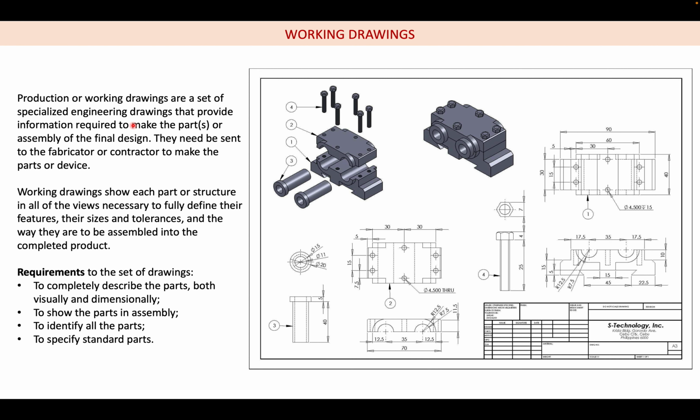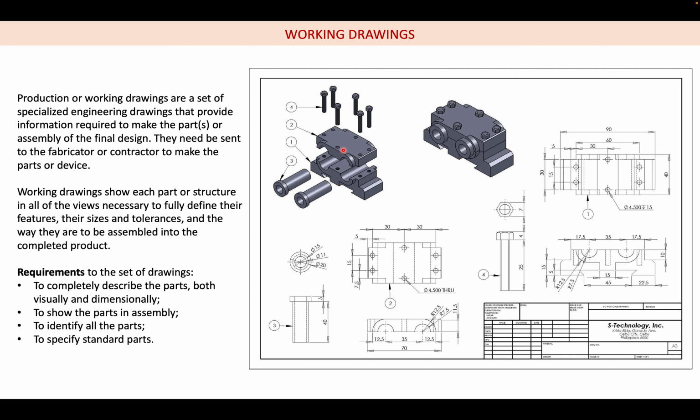They are a set of specialized engineering drawings that provide the information required to make the part or the assembly of the final design. They need to be sent to the fabricator to make the parts or the device. In this diagram you can see a part which consists of many other parts, assembled together to make the final product.